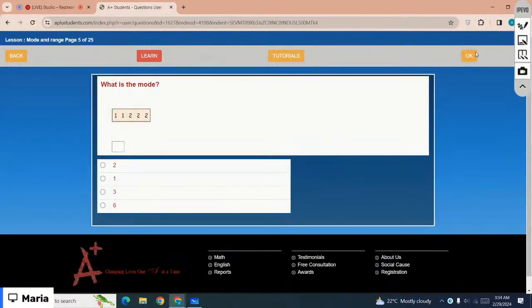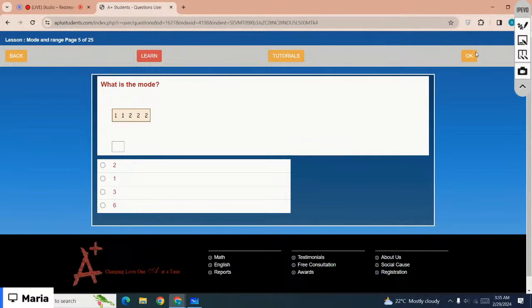What is the mod? Which number you can see most of the time? Yes, you can see 2, 3 times in the data.